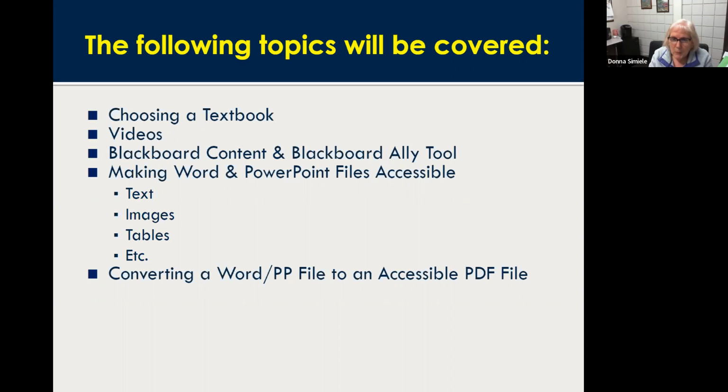Even when we move from Blackboard to Brightspace, we are still planning on having Ally available in Brightspace. So what I show you in there is going to be available in Brightspace as well. How to go in and make Word, PowerPoint files accessible, and then converting those into an accessible PDF file. Okay, so those are the main topics that we're going to be covering in this session.